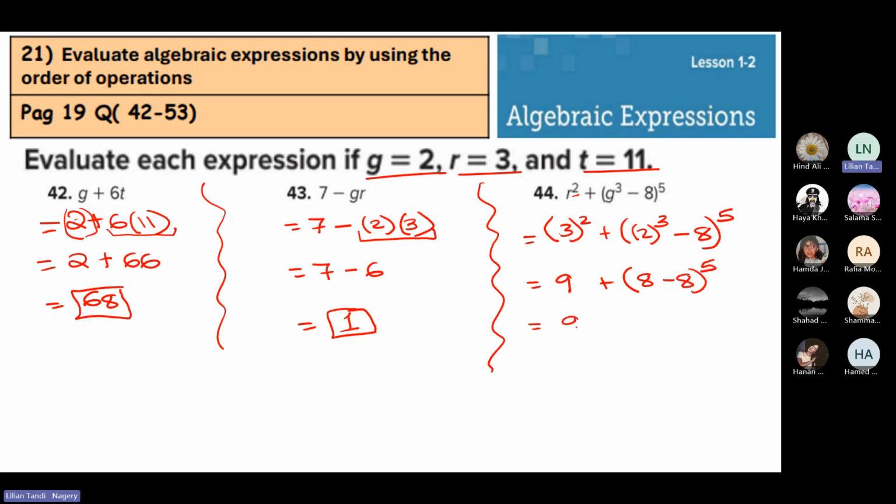Then this becomes 9 plus 0 to the 5th power. Okay? And 0 to the 5th power is just 0. So 9 plus 0 is 9.